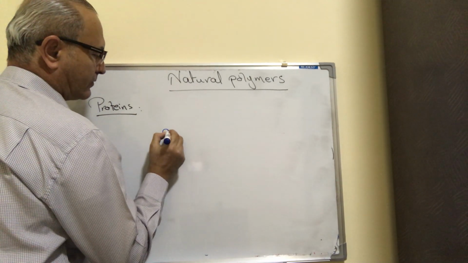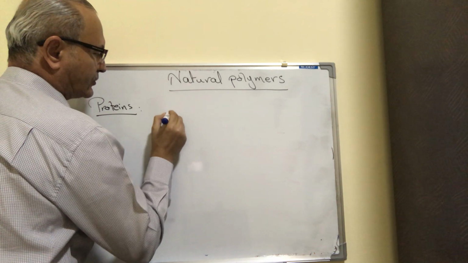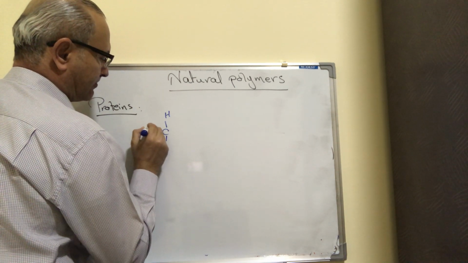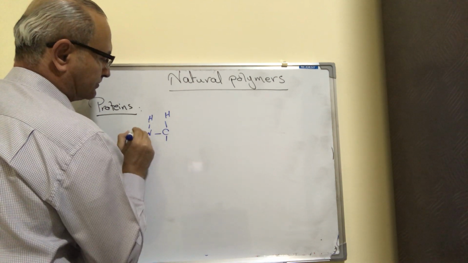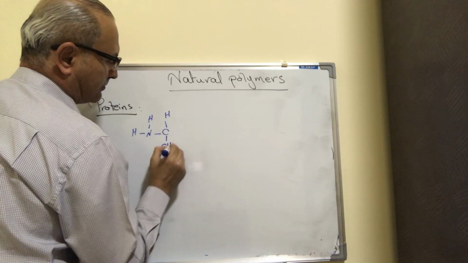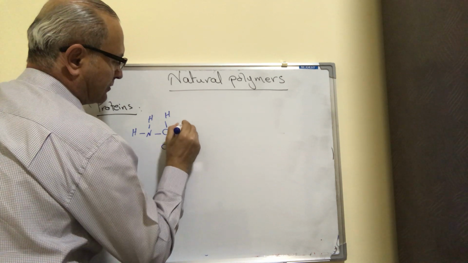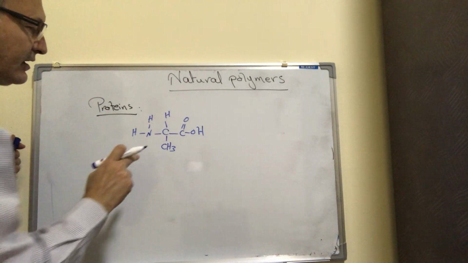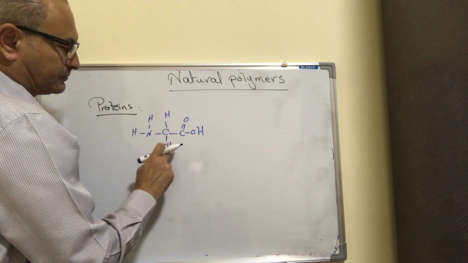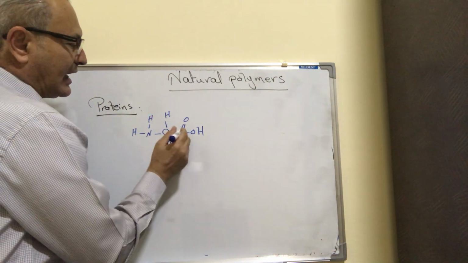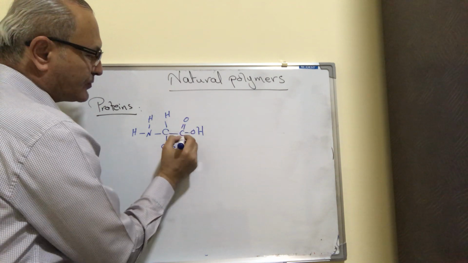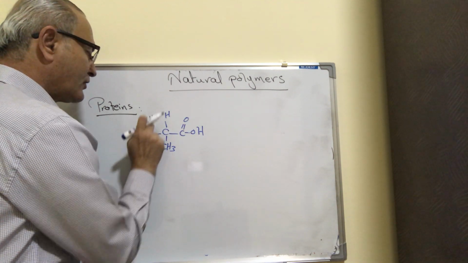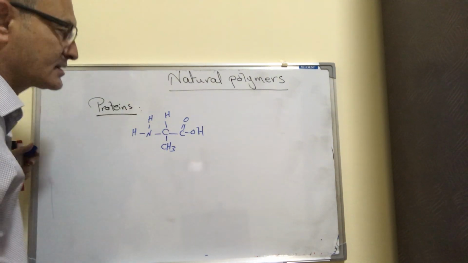Here, CH, NH2, CH3, COOH. Look carefully. It is an amino acid. Why is that? It contains an R group, hydrogen, and the COOH is bonded to this carbon, the same carbon which bonds with NH2, so it is an amino acid.